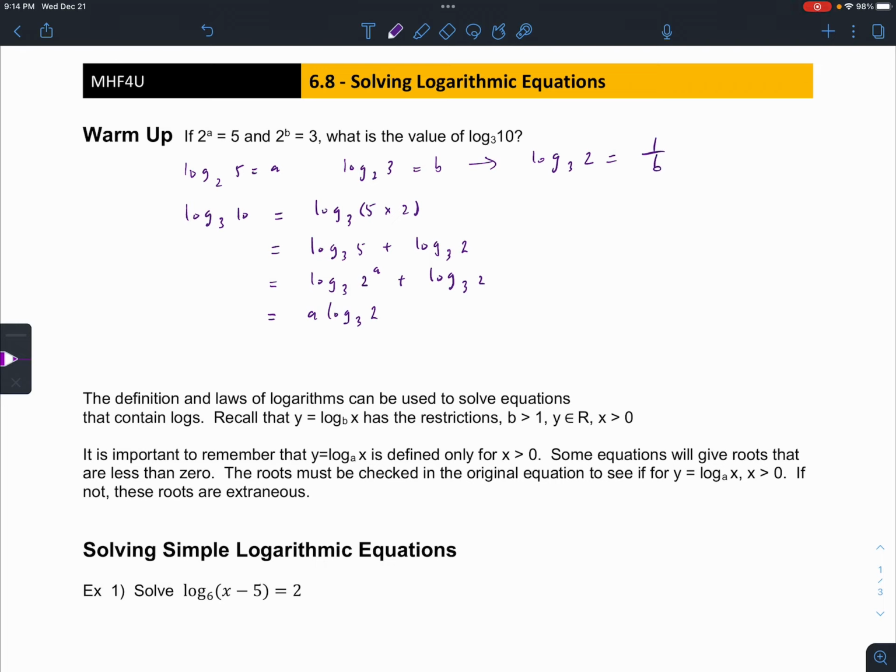Basically we're changing log to the base 2 of 3 to log 3 over log 2. We're reciprocating to get log 2 over log 3. And when we reciprocate, we also have to reciprocate the right side as well. So b ends up becoming 1 over b. So that means that log to the base 3 of 2 is equal to 1 over b.